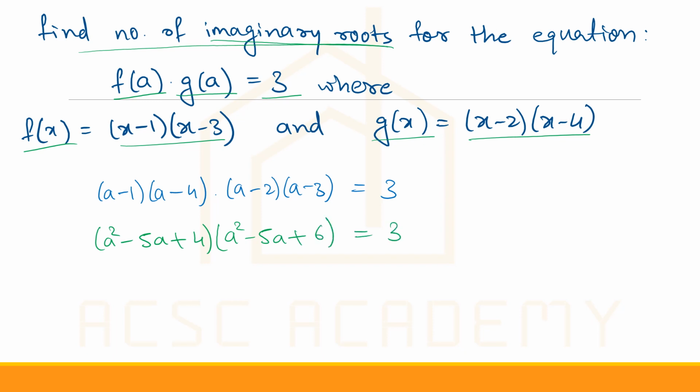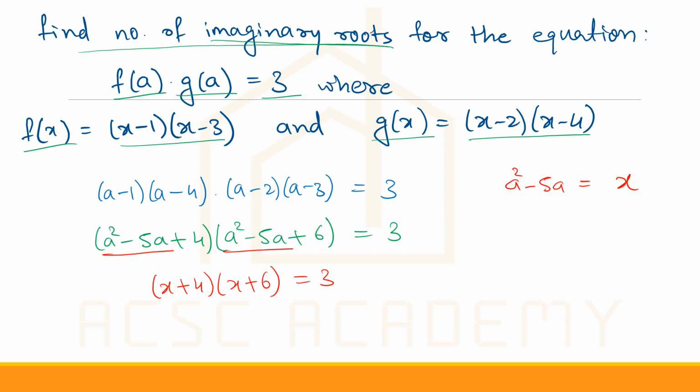Now do we see something good? We can see that this is common in both of them. So now if we go with the substitution method, and if we substitute a squared minus 5a equal to something, let us call it x, then what will we get? (x plus 4)(x plus 6) equal to 3.